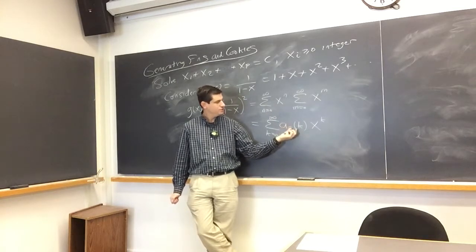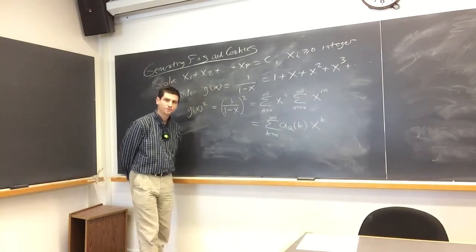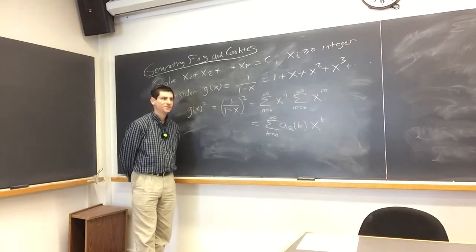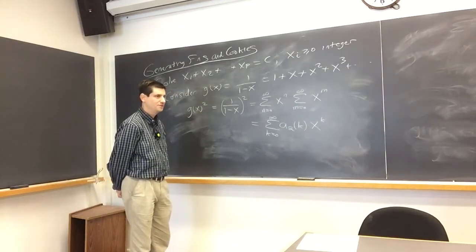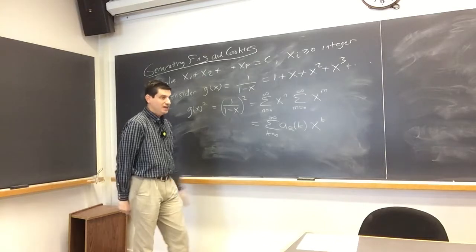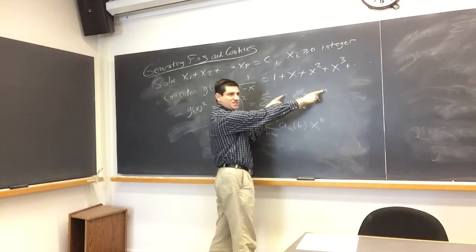Can somebody tell me what a sub 2k counts? I think basically the number of combinations of n and m that add up to the... Yeah, the only way I can get an x to the 10 is n plus m has to equal 10.